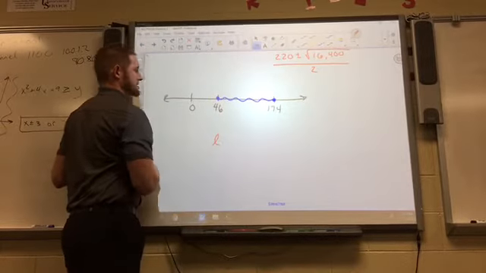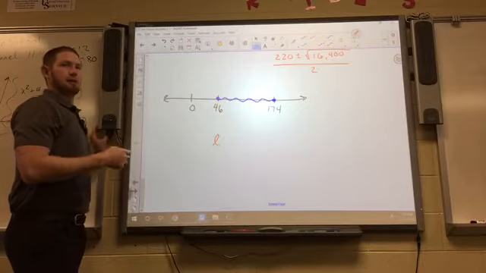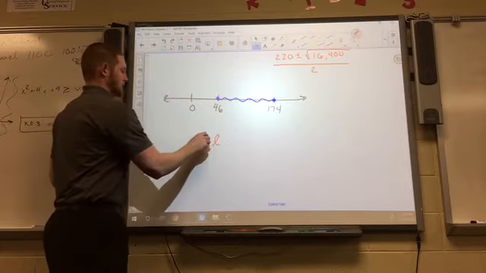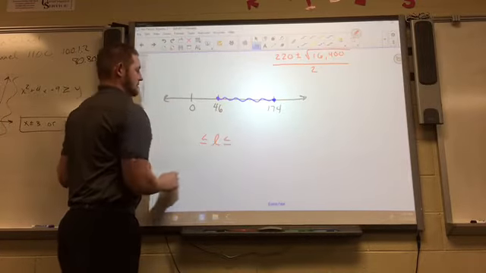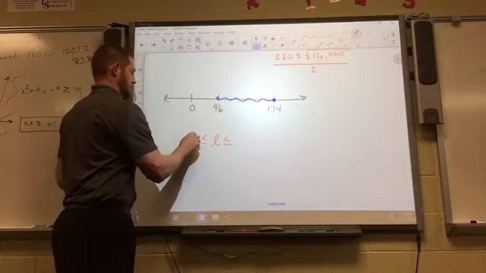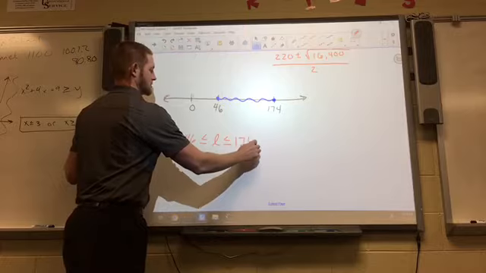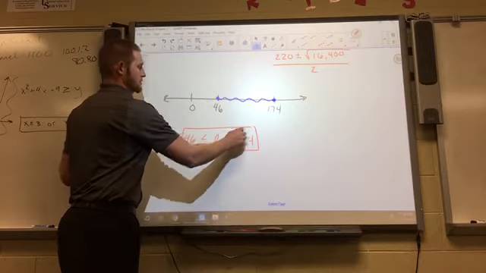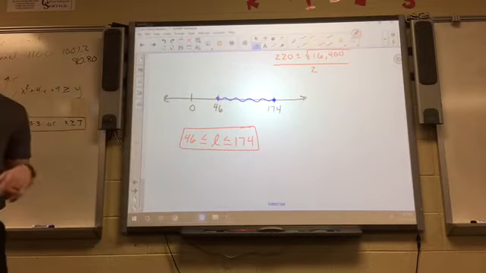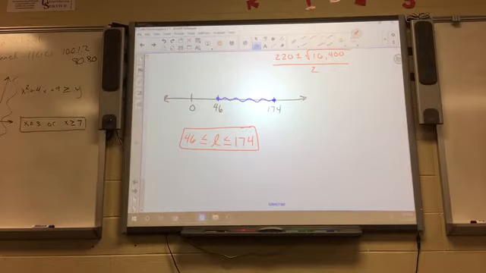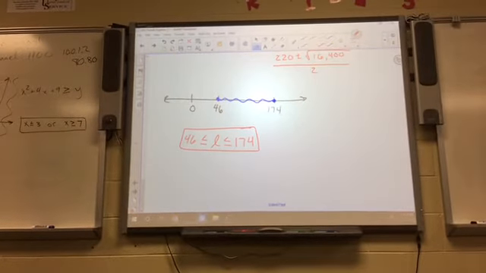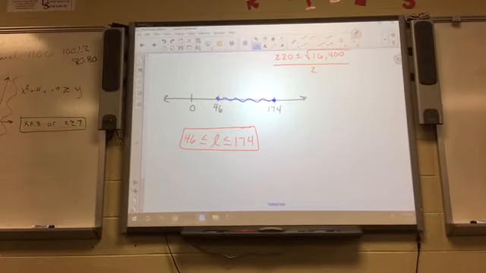But if you were putting it as an inequality, it's going to be an "and" statement, right? So you have to do the two inequalities: 46 is less than or equal to L, which is less than or equal to 174. The way you tell whether it's "and" or "or" is whether it's shaded in the middle or on the outside. Yes. Okay?